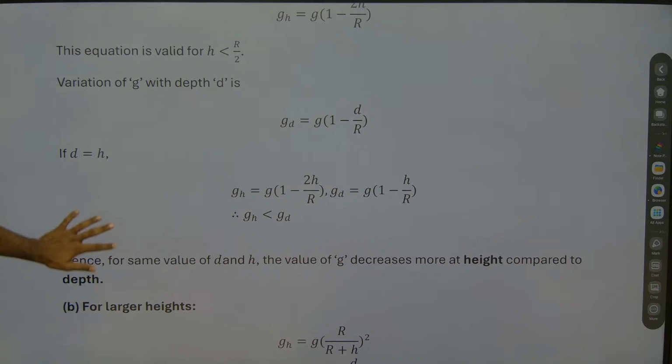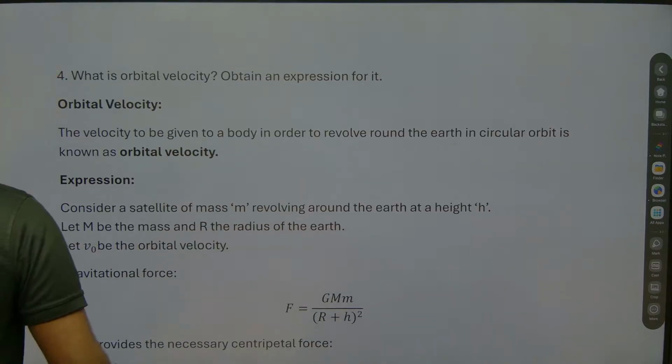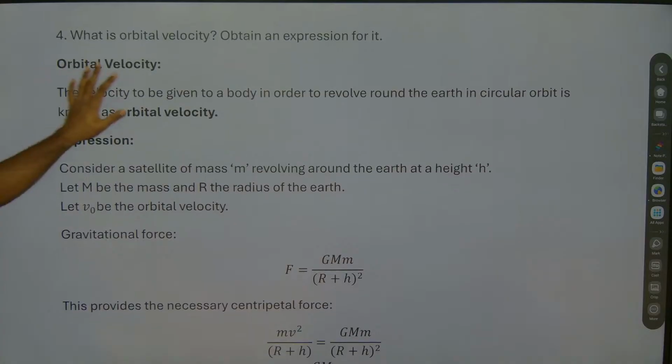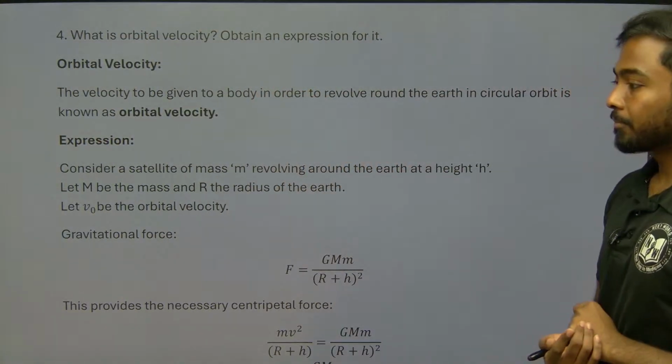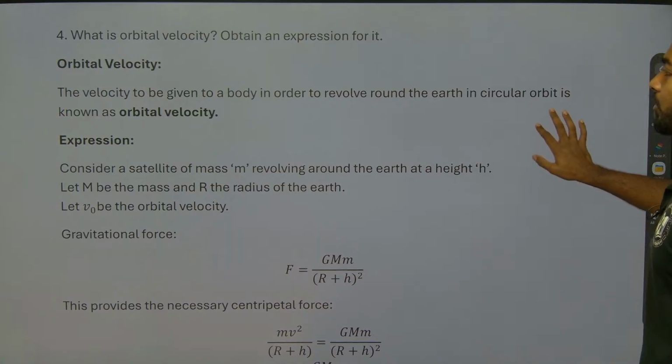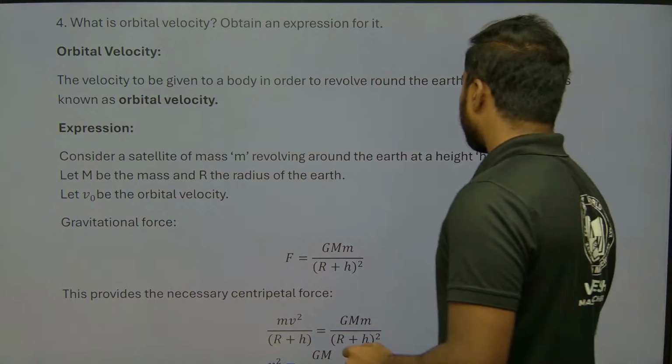Yeah. So the next question, if you see here, is what is orbital velocity, and I need to obtain an expression for it. Okay. So orbital velocity is nothing but, let me give a diagrammatic point of view.